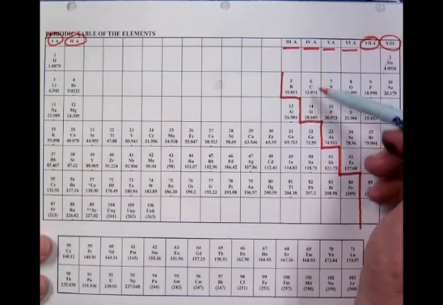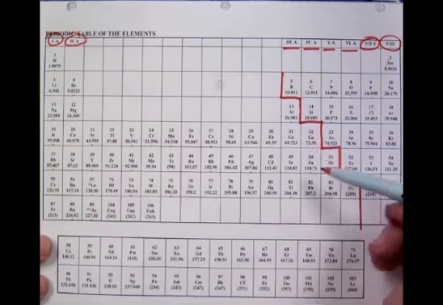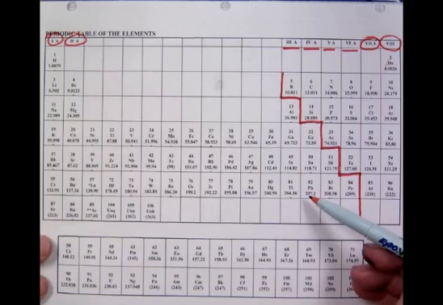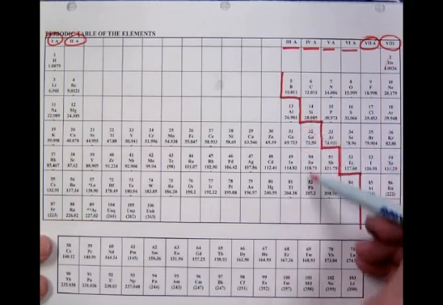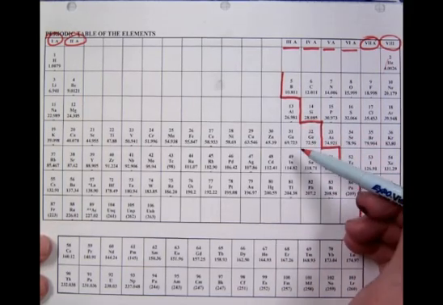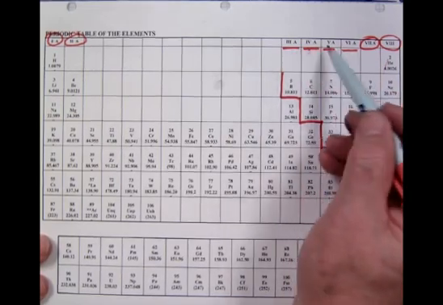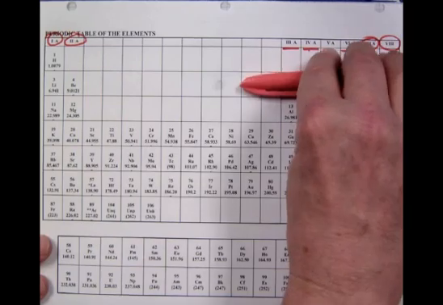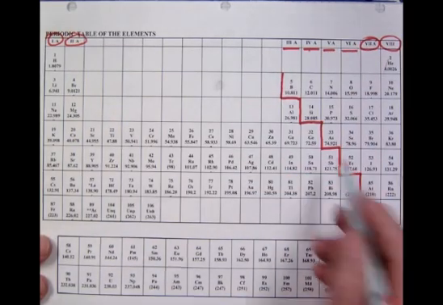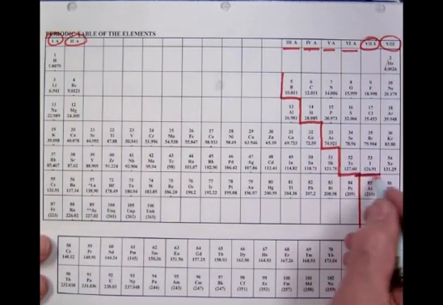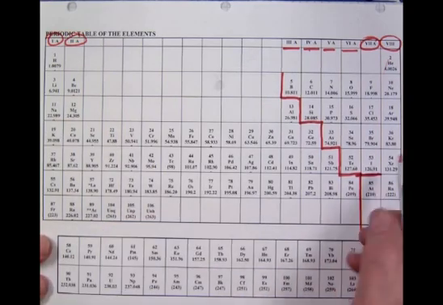If you start with carbon and silicon, those are non-metallic, but as you pass down into germanium, tin, and lead, these have a metallic character. And so the reason these do not have a formal name is because as you transition from top down through this point, that's a metalloid.